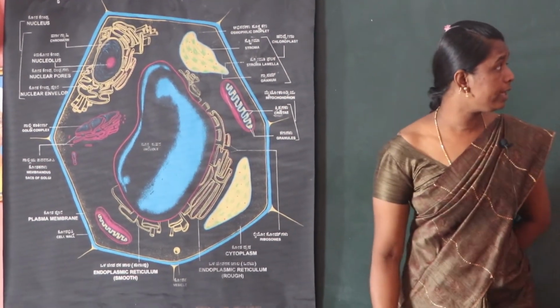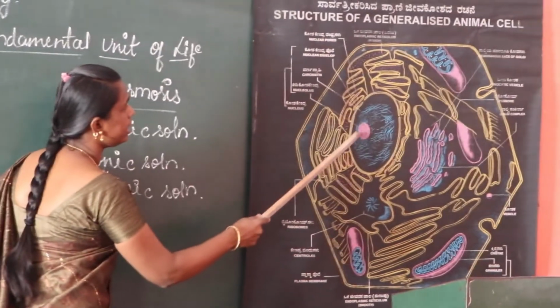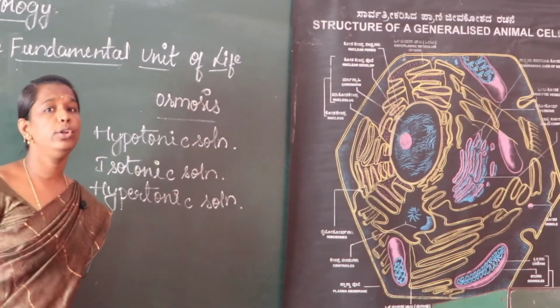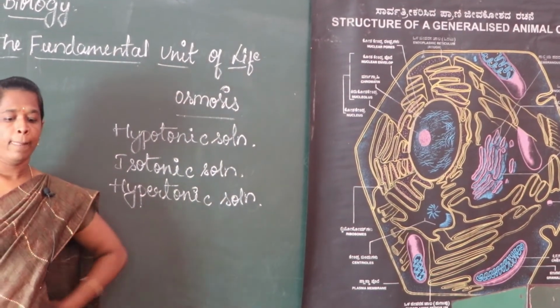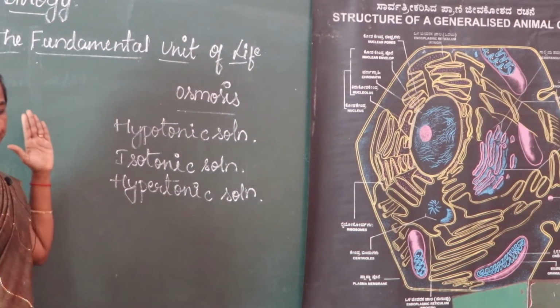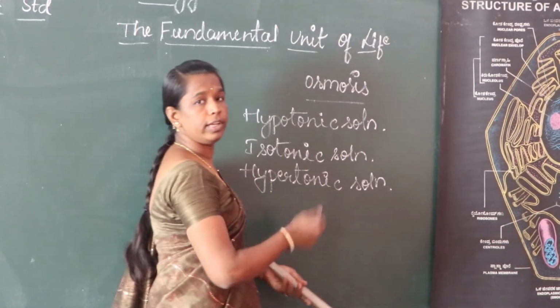The nucleus is present in both plant and animal cells, and it has a double layer called the nuclear membrane. The nuclear membrane helps to transfer materials from inside the nucleus to outside.